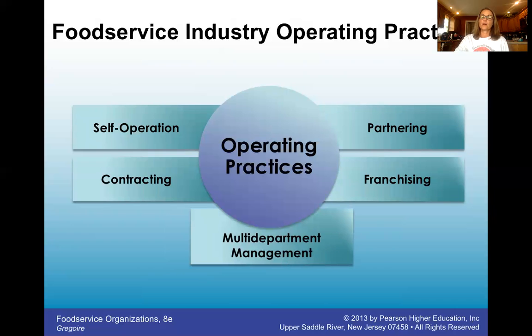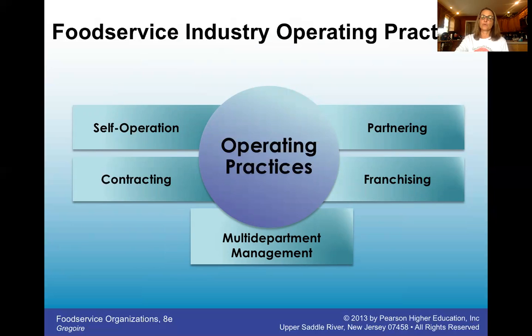And so a lot of our restaurants are self-operation or partnering. We do see franchises, so like Wings, etc., or Panda Express, those are all franchise. Contracting, that includes what we see like here on campus. Chartwells, the university contracts with Chartwells to provide the food service.